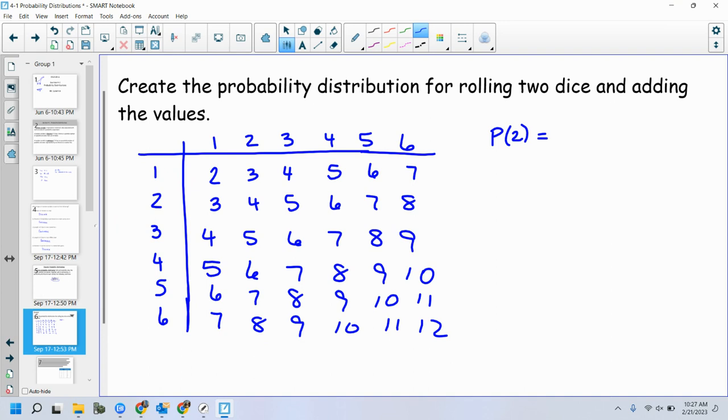It's 1 out of all numbers. How many are there? A 6 by 6 table, 36. So 1 out of 36. What's the probability of rolling a 3? 2 out of 36. I'm going to leave it as 36. Oh, I just wrote 3. Whoops. That's 2 out of 36.